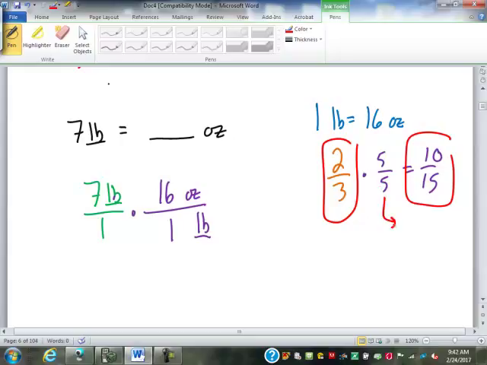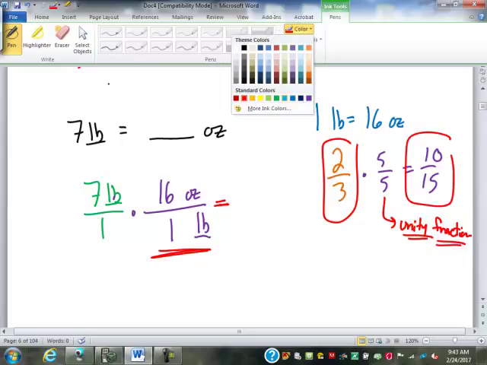We called that a unity fraction. When you multiply by a unity fraction, or when you multiply by 1, you can change the appearance of a number, but not its value. That's exactly what we're doing down here. This does not necessarily look like a unity fraction, but it is. 16 ounces and 1 pound are the same thing. So it really does have a value of 1.